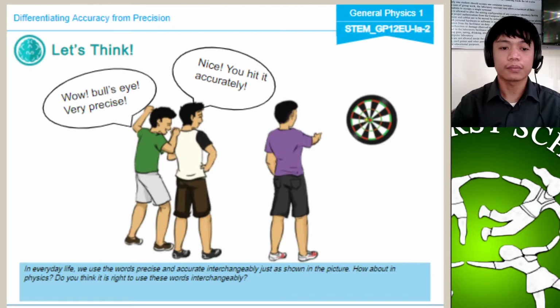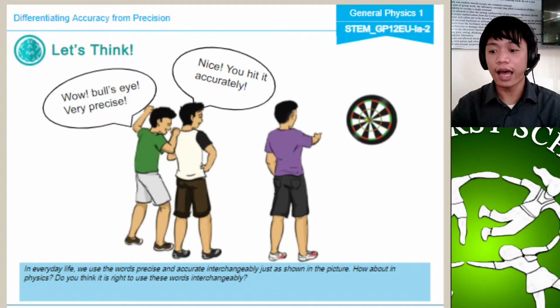So let's begin. In everyday life, we use the words precise and accurate interchangeably. How about in physics? Do you think it is right to use these words interchangeably? So what do you think? As you can see in the picture, there are persons who are playing games, right?